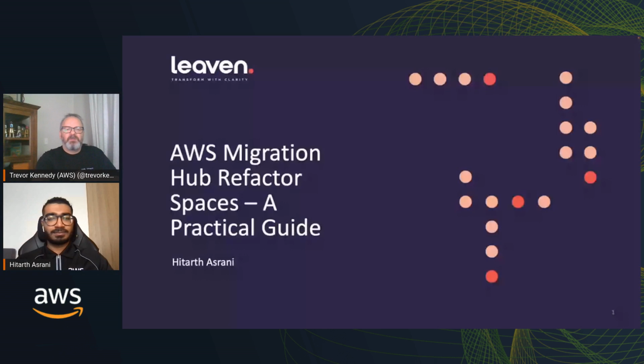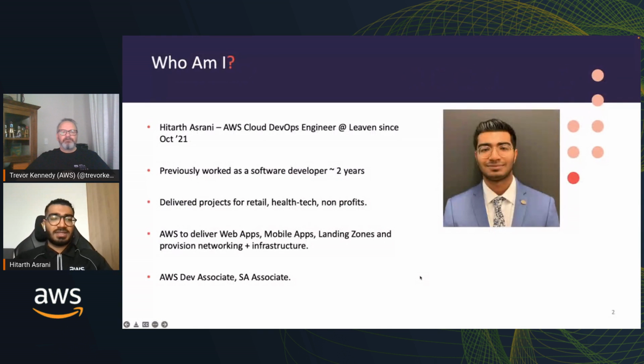Let me add your slides to the screen, and then maybe you can jump in there and start walking us through it. Awesome. So just a little bit of an introduction again. My name is Hitchard. I'm an AWS Cloud DevOps engineer at Levin. I've been working there since October 2021. Previously I worked as a software dev, and I've delivered a bunch of projects for retail, health tech, nonprofits, and government organizations.